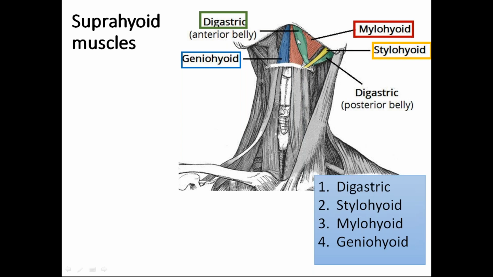This one is the anterior belly and here is the posterior belly. The superficial muscle is the stylohyoid, which crosses the intermediate tendon of the digastric and gets attached to the hyoid bone. So there are two superficial muscles, one is the digastric and the next one is the stylohyoid. The digastric consists of the anterior belly and the posterior belly, and the center part is called the intermediate tendon.